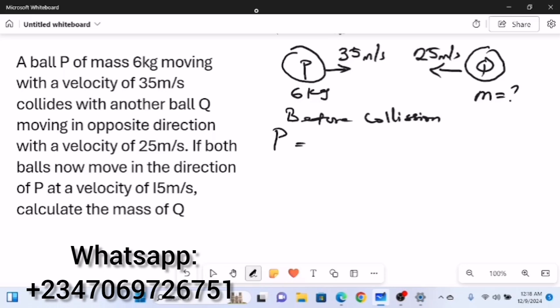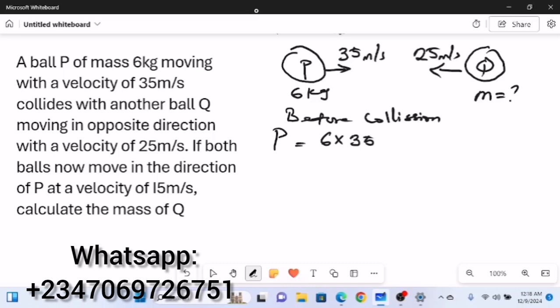So we simply have mass of P times the speed of P. The mass of ball P is 6 kg multiplied by the velocity of ball P, given there as 35 meters per second.